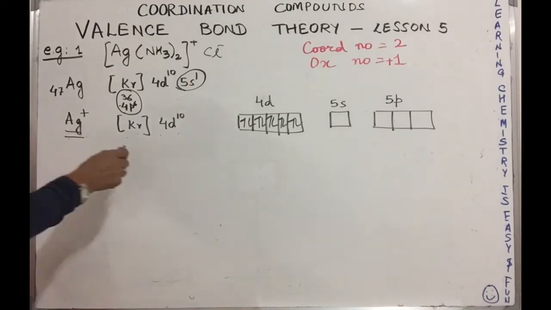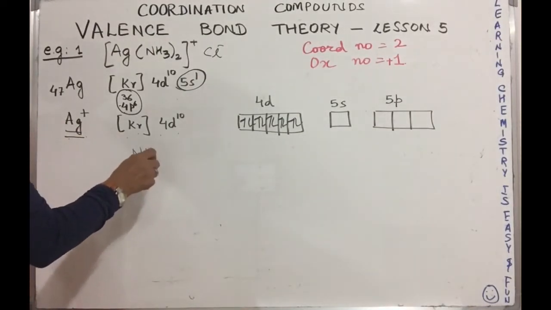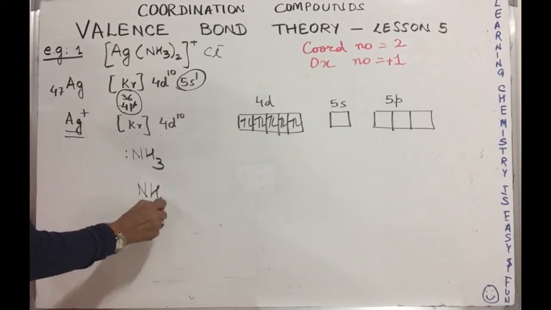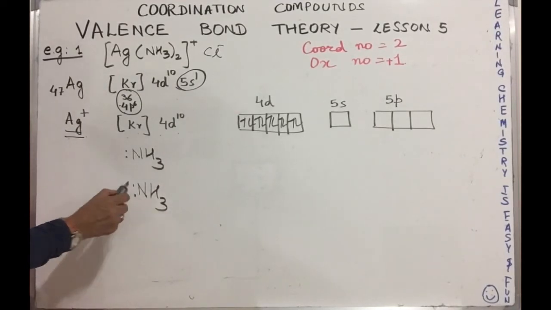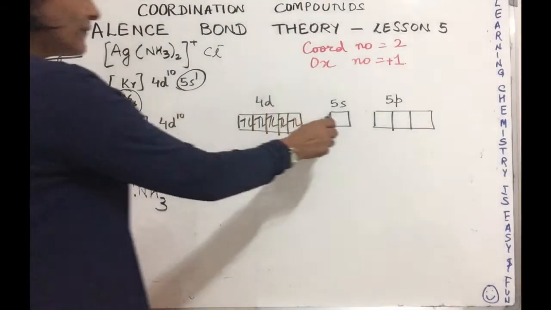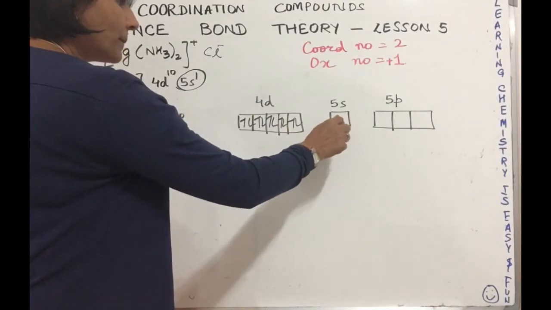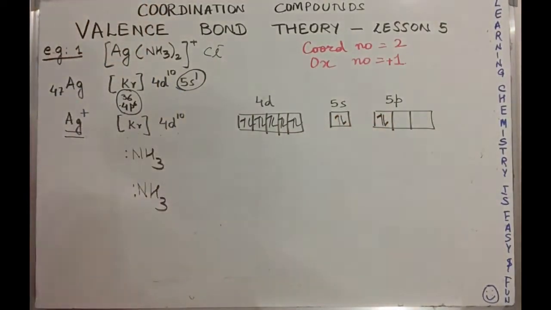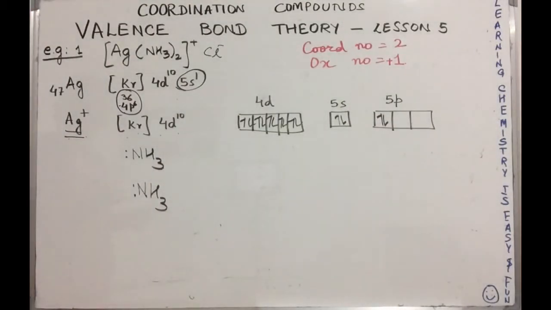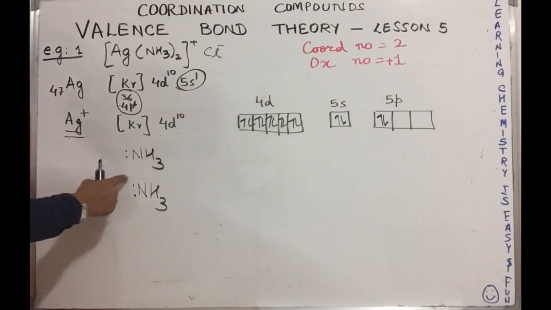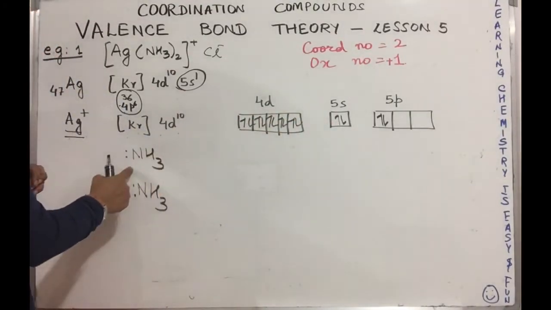Now, ammonia says I have a lone pair of electrons and we are two of us and we need to give our lone pair. Where will you accommodate? If it accommodates one lone pair in the 5s and one lone pair in the 5p, what will happen is the energy of one bond will be different from the other.